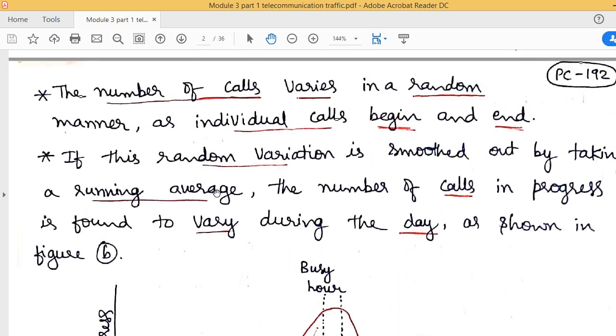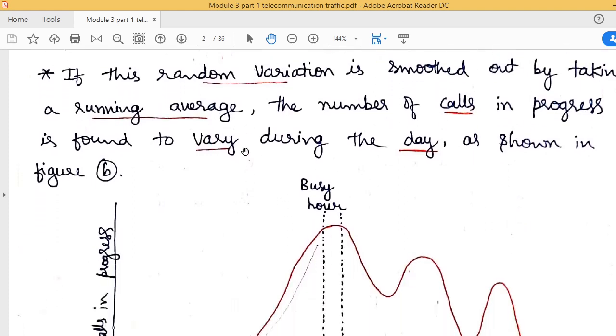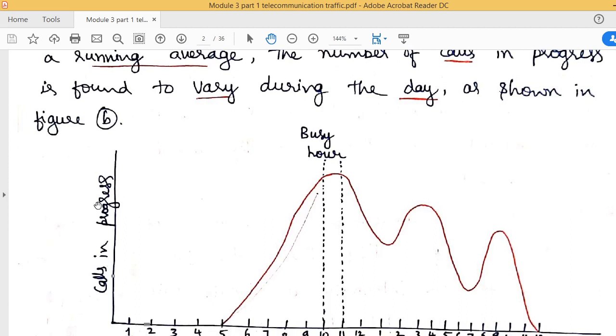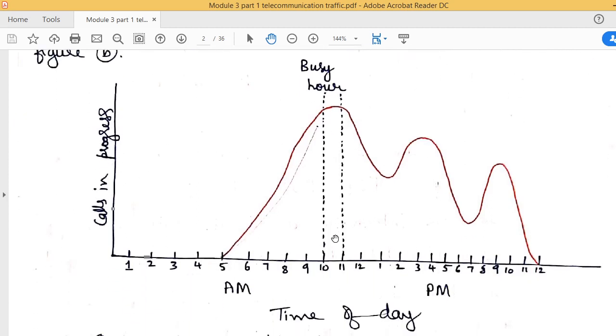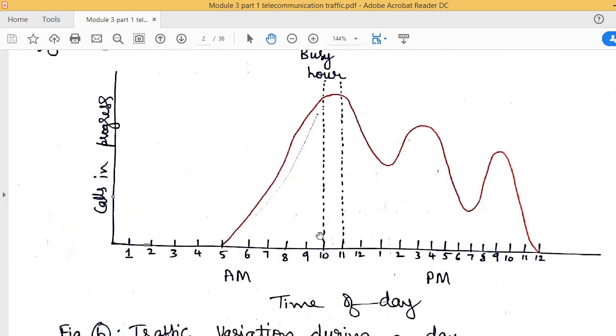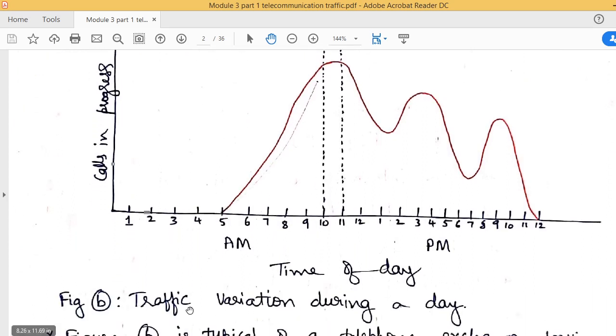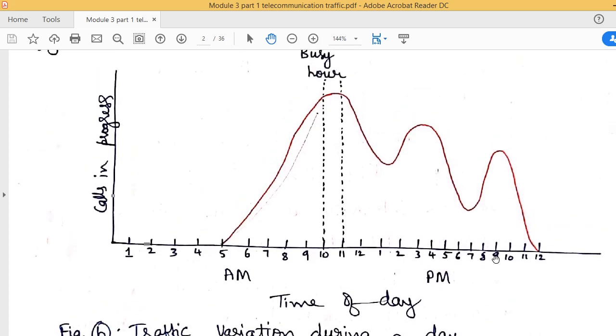So it is very important to know during this busy hour what the number of calls is: the number of calls that are in progress, or the number of calls that can be handled by the telecommunication system. So this figure plots traffic carried, or traffic variation, during a particular day.